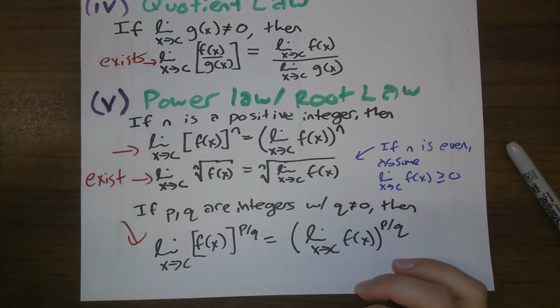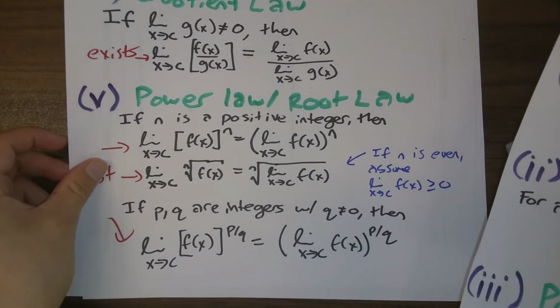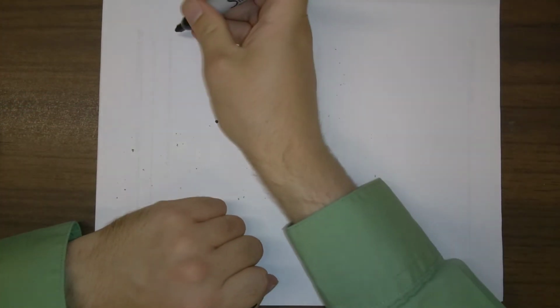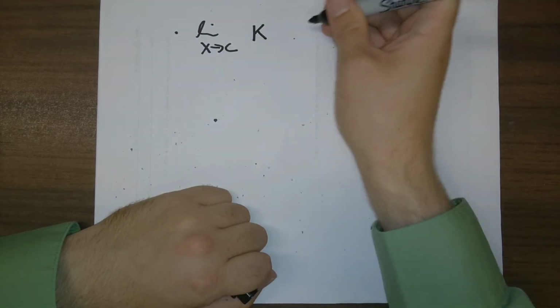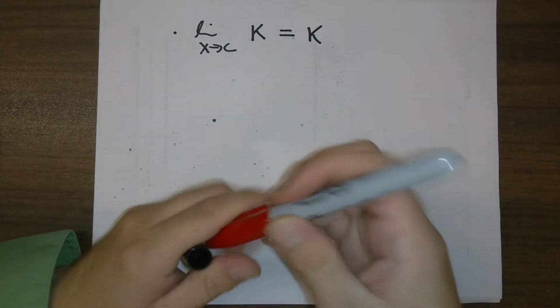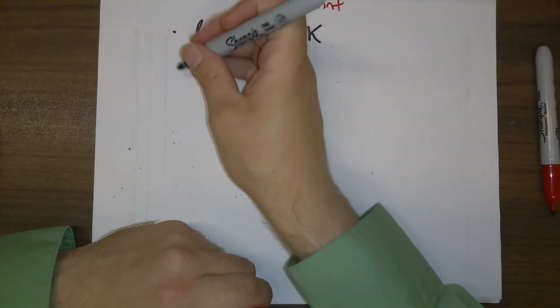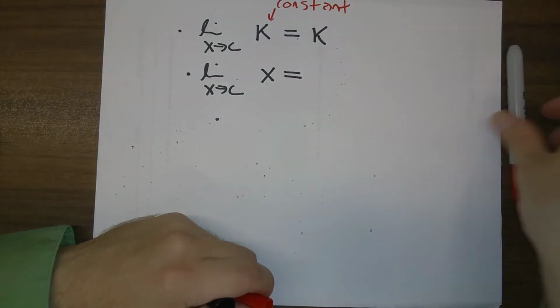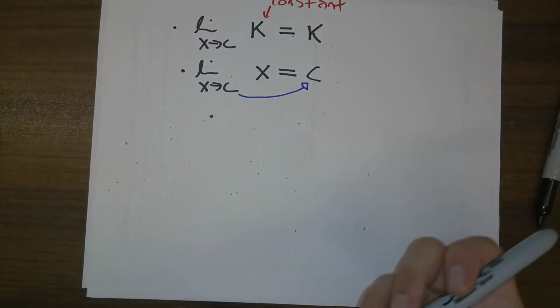So we now have 5 limit laws in our pocket: sum, constant multiple, product, quotient, and power law. We also have 2 more rules that we talked about in section 2.2, which is the fact that the limit as x goes to c of some constant k is k, and then the limit as x goes to c of just x is equal to c, whatever is the point that we are taking a limit around.